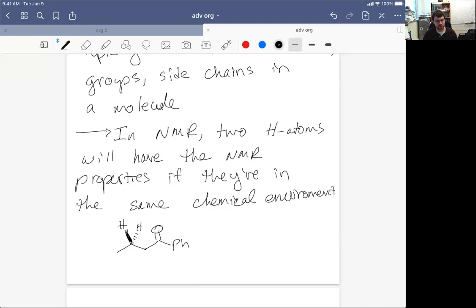The next two, which are the ones I've got written explicitly, those are in the same chemical environment. Let's call them B and B if this is HA. And we could keep going, and we could look at the aromatic ring. We could count all the signals. The important thing is that in this example, both of the hydrogens that I've labeled HB are in the same chemical environment. They're both attached to a carbon that's attached to a CH3 that's attached to a CH2 on the opposite side.